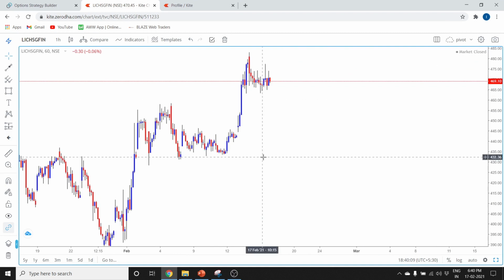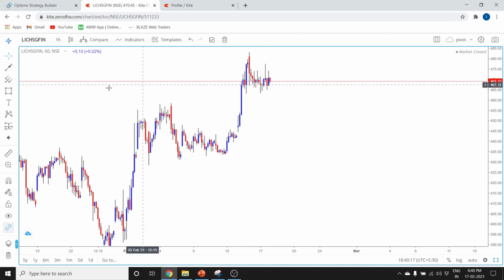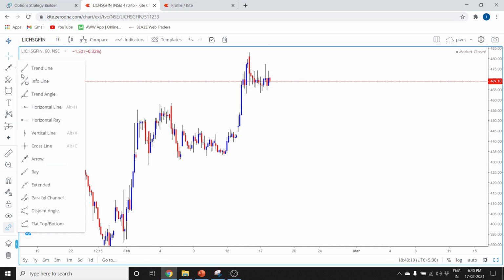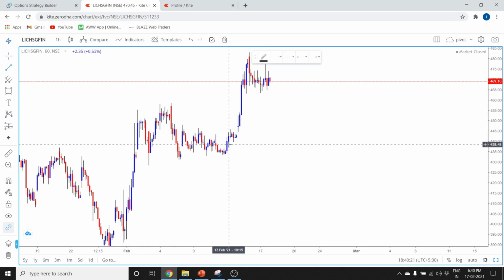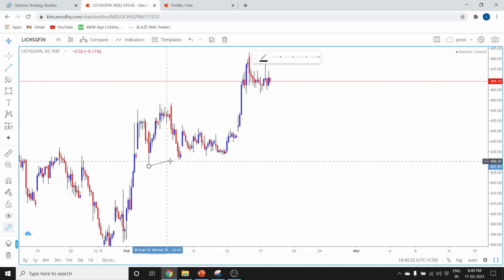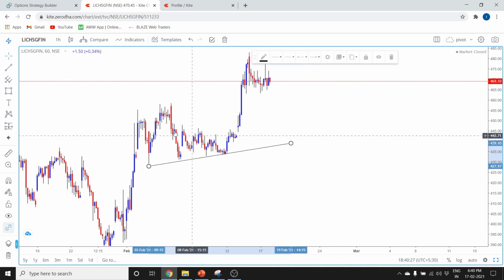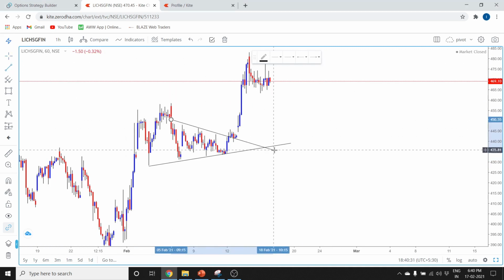Now let's take one live example of how the entire process should work. Step 1 is finding a trade on charts. How to find a trade, we have already learned in our momentum webinar. It could be a pattern, it could be any indicator, anything. So on the LIC Housing Finance hourly chart, I found one good triangle over here, right?